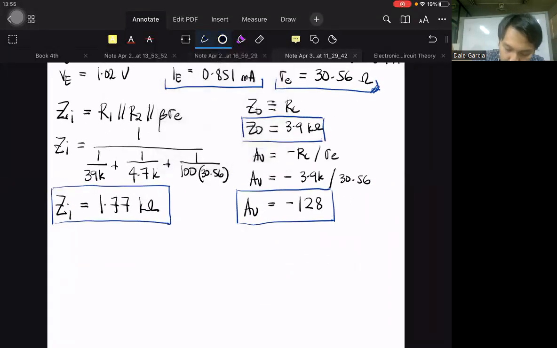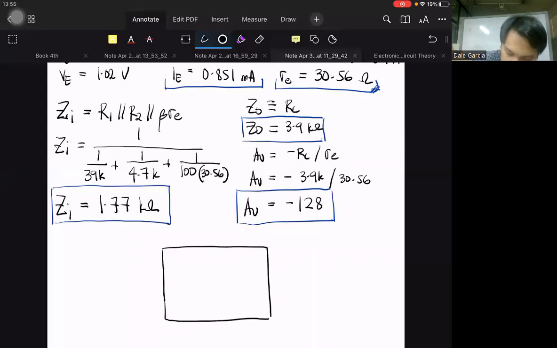If we're going to place these values in our system diagram, it would look like this. This is now our system in question.